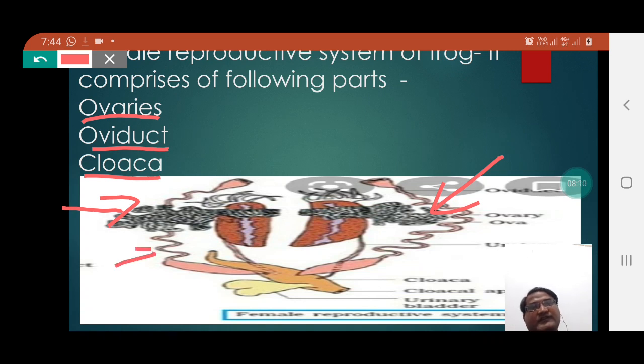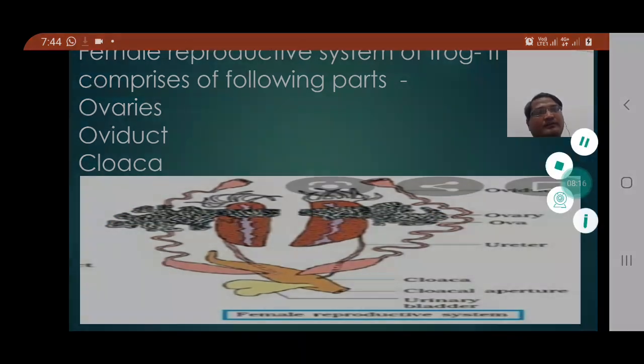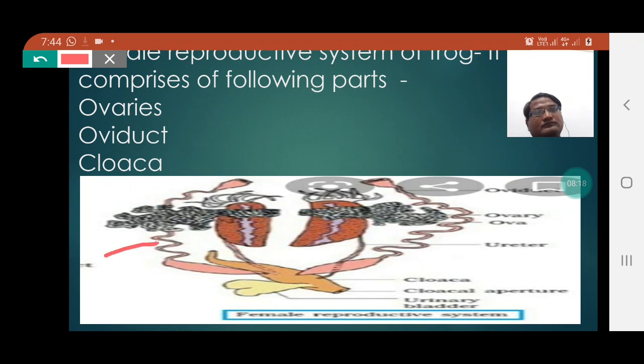Oviduct is this which is appearing as a tube-like structure in this diagram, and cloaca you can find here, which releases the ova outside the body of the female.